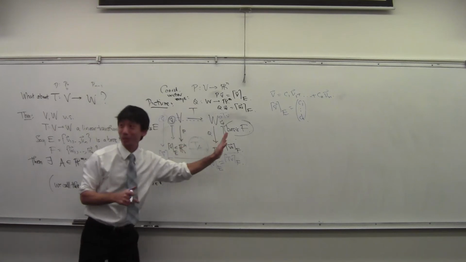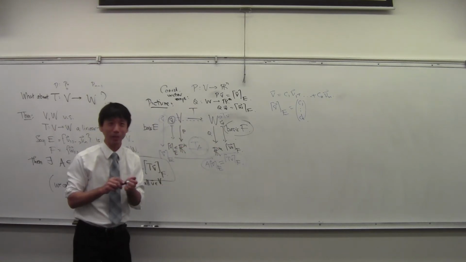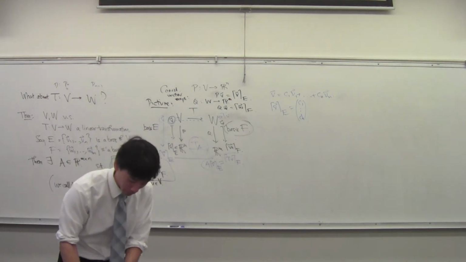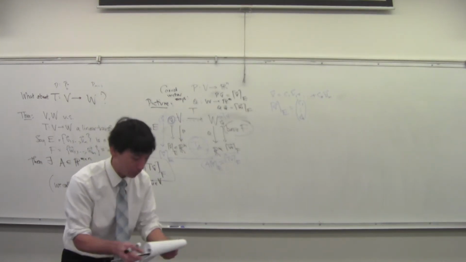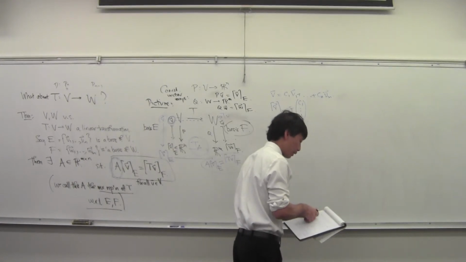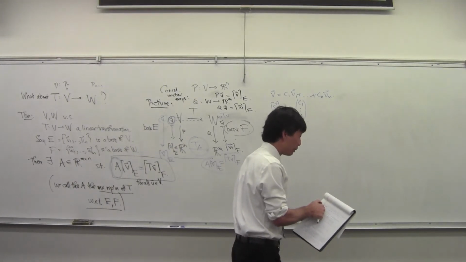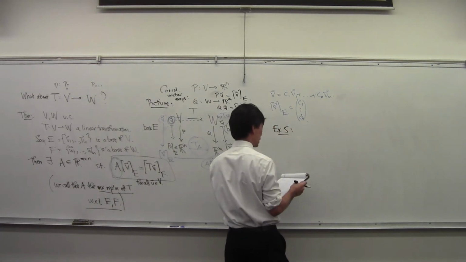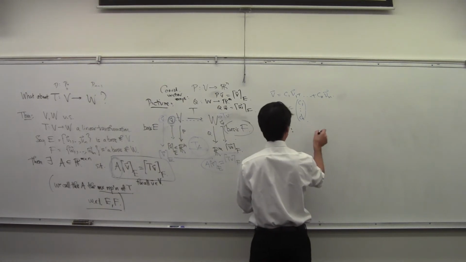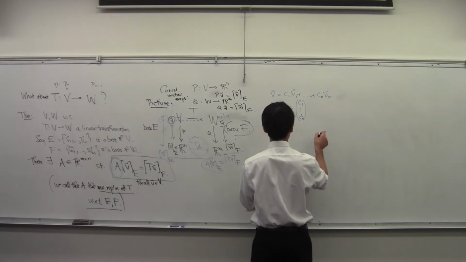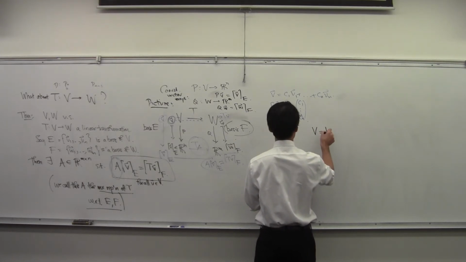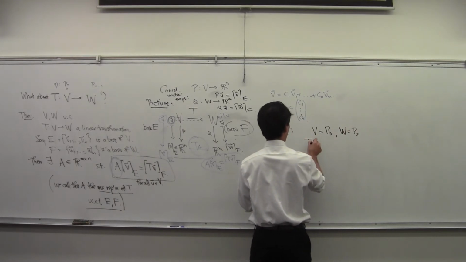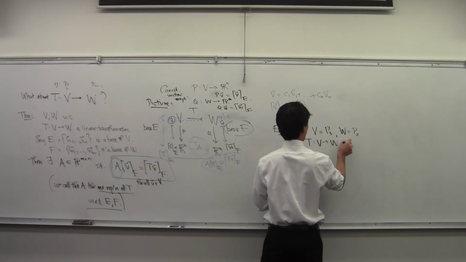Okay, let me do a concrete example, and hopefully that'll bring it down to earth for you guys. So here's example 5 from your textbook. V is P3, W is P2, and T from V to W is differentiation.